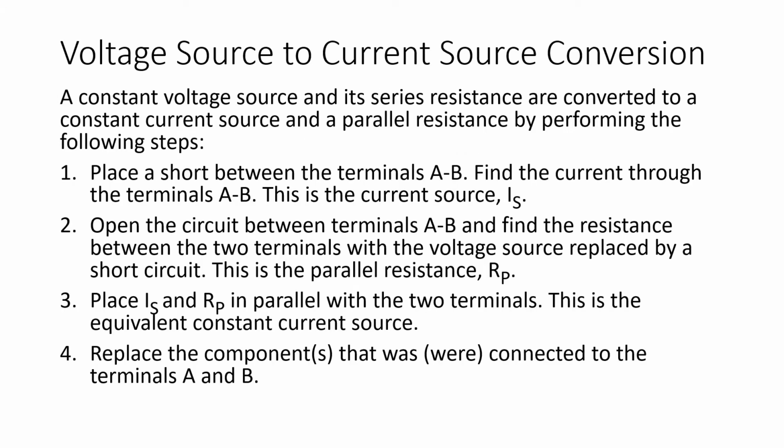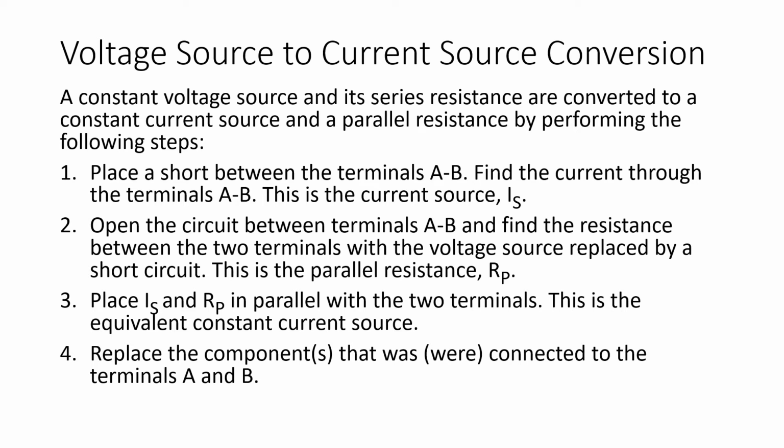Now, to convert a voltage source to a current source, we follow these steps. We place a short between the terminals A and B, and we find the current flow through those terminals A and B. And this is our constant current source, labeled IS. Then we open the circuit between the terminals A and B and find the resistance between those two terminals with the voltage source replaced by a short.